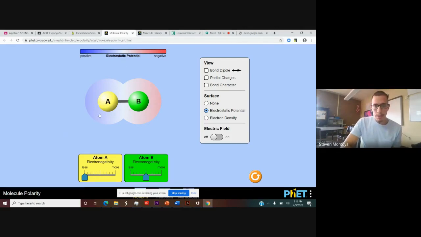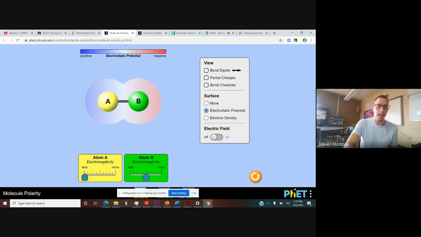All right, so let's talk about the charge around the molecule again, or the electrostatic field or the charge field. This side has a weak positive charge, and this side on atom B has a weak negative charge. What made these charges? We have to look at the electronegativities between both atoms, okay? So the electronegativity of atom A is at zero electronegativity, okay?